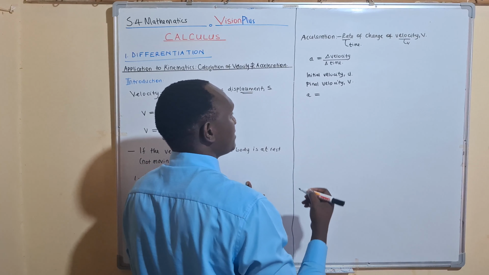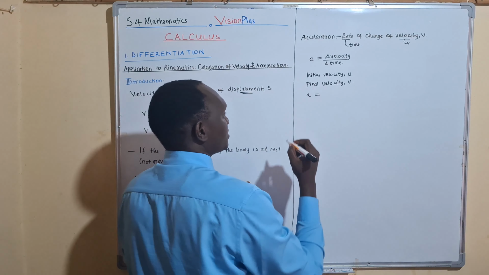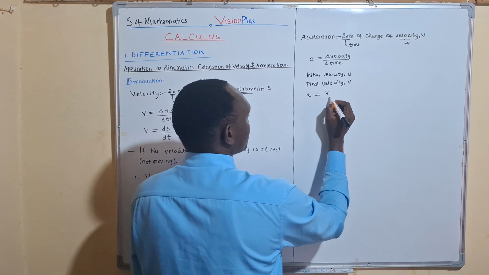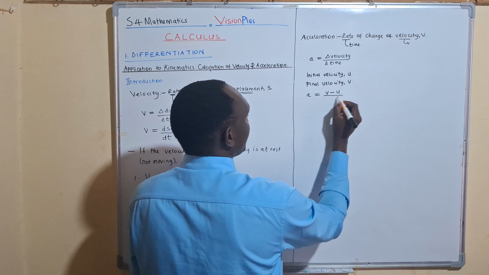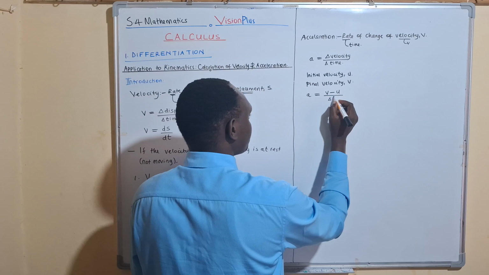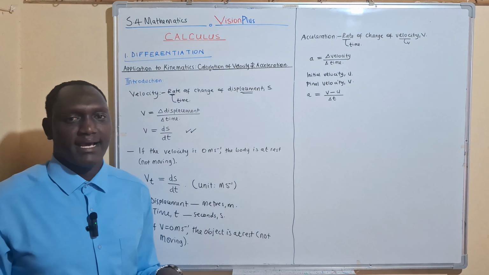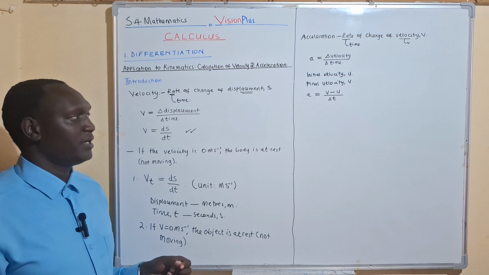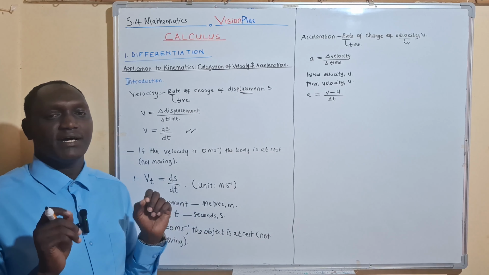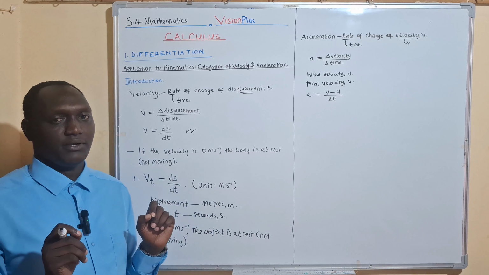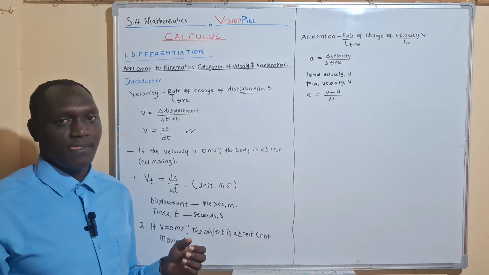The correct term here is velocity. So what is the change in velocity? It is the final velocity minus the initial velocity divided by the change in time, which is the final time minus the initial time. But here, the questions that we shall handle will just give us the change in time. Just for this stage, they will always give us the change in time.